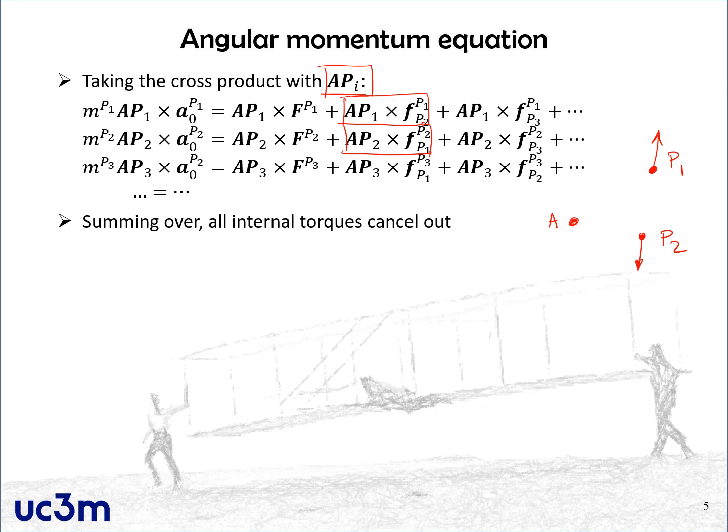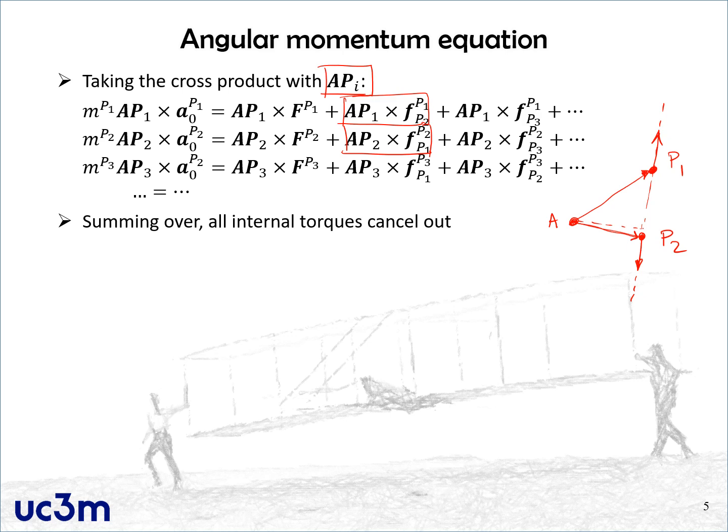The magnitudes of these two forces are identical, they just happen to be on the same line of application, but with different directions. If you take the torque, the moment of those vectors with respect to A, since the distance between A and the line of application is the same for the two forces, the torques are equal and opposite. So they vanish.